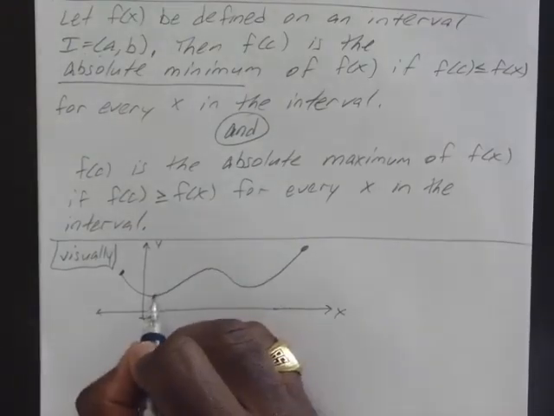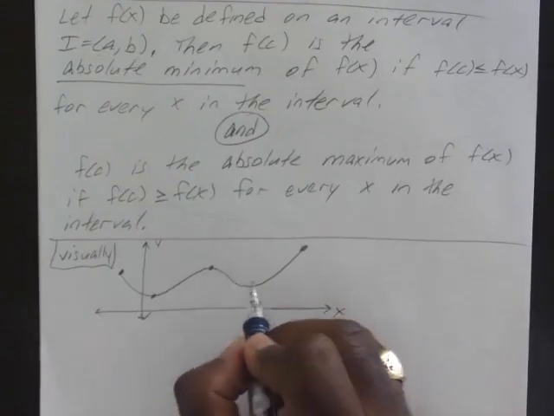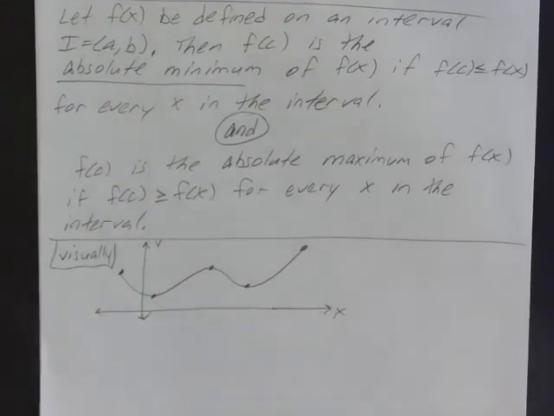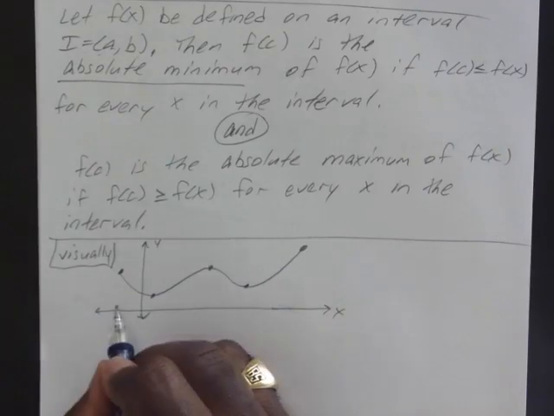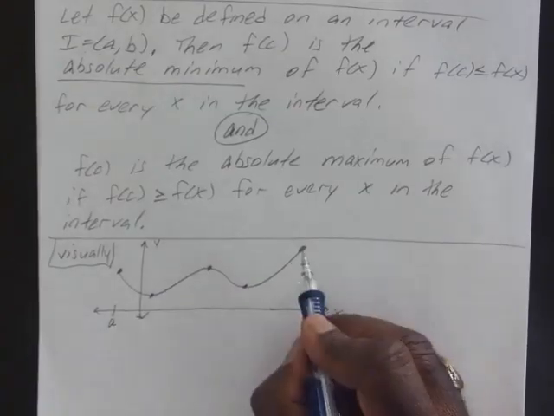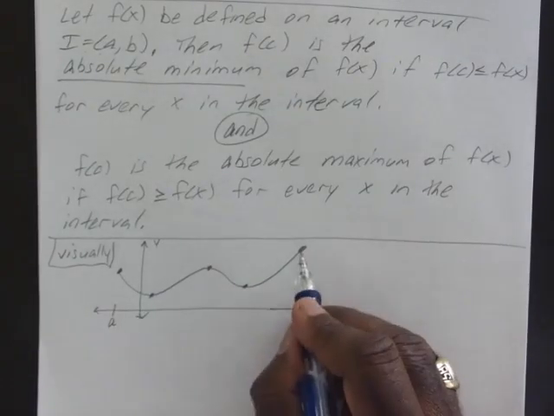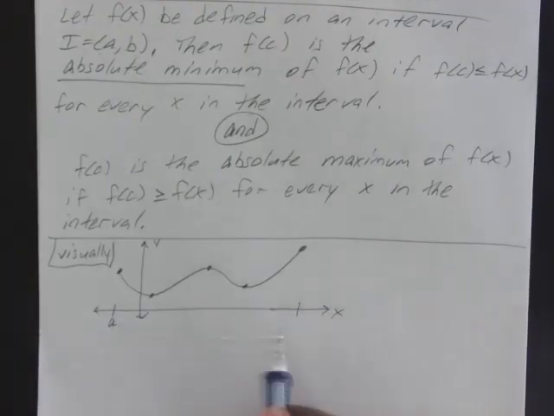We'll highlight all of the low and high points in the graph. We're just looking at the interval from A to B. This graph could keep on going in both directions, but we're not really worried about that. We're just looking between A and B.